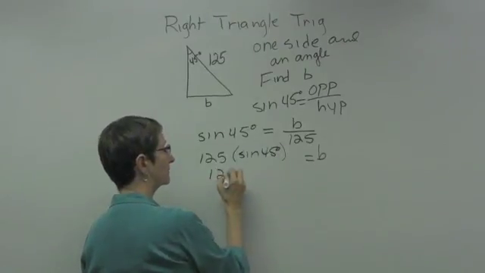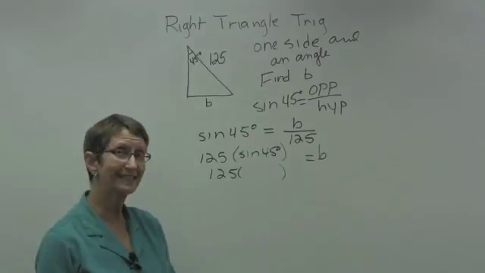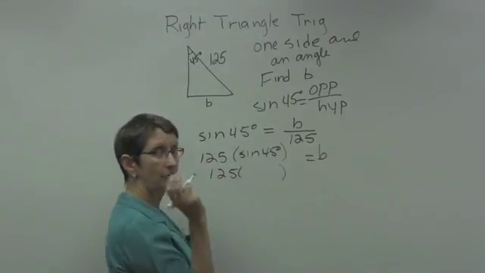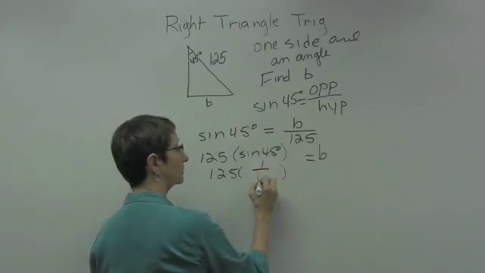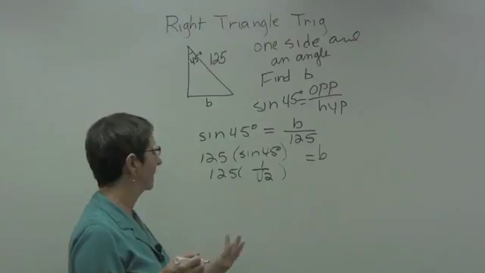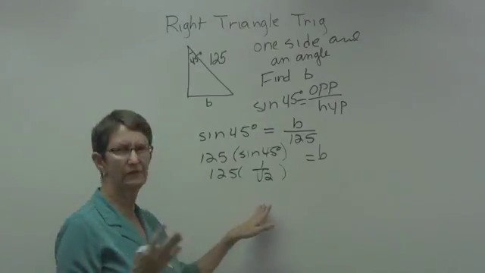The sine of 45 degrees is in that table that you're supposed to have memorized in an earlier lesson. There are various ways to write it. The sine and cosine of 45 is 1 over square root of 2, or you could write it as square root of 2 over 2. This is fine.